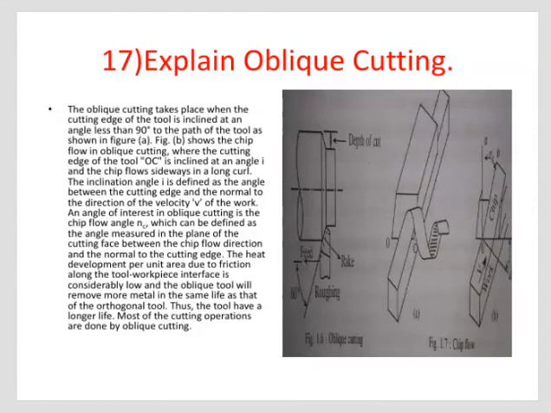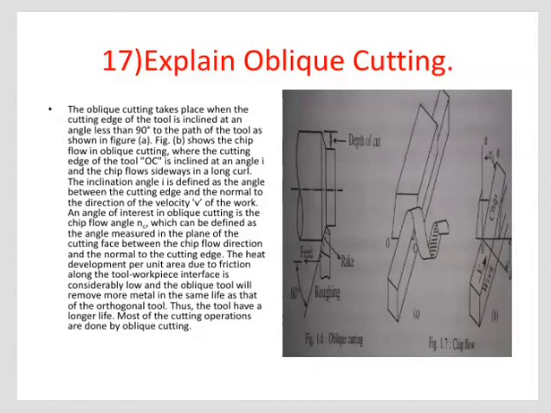The inclination angle i is defined as the angle between the cutting edge and the direction of the velocity V of the work. An angle of interest in oblique cutting is the chip flow angle, which can be defined as the angle measured in the plane of the cutting face between the chip flow direction.